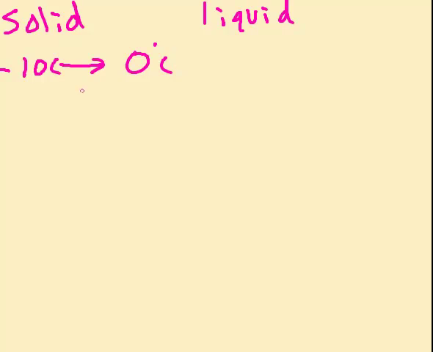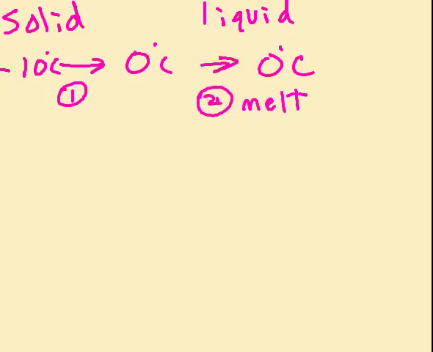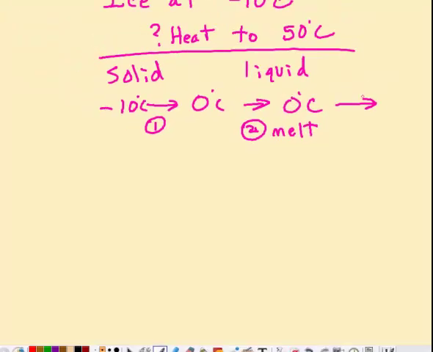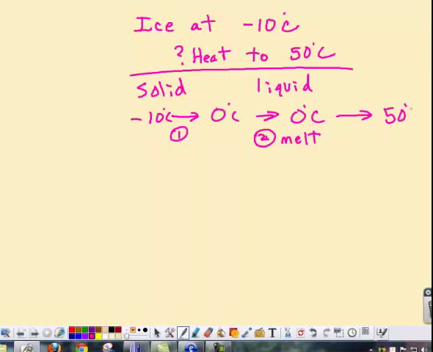So that's going to be our first calculation. Once we get to 0 degrees Celsius, now it's going to melt. So the next thing, it's going to stay at 0. Remember the flat part of our graph. The second calculation is it's going to melt. Then the third calculation is once it's all melted, it will increase the temperature until you get to 50 degrees.